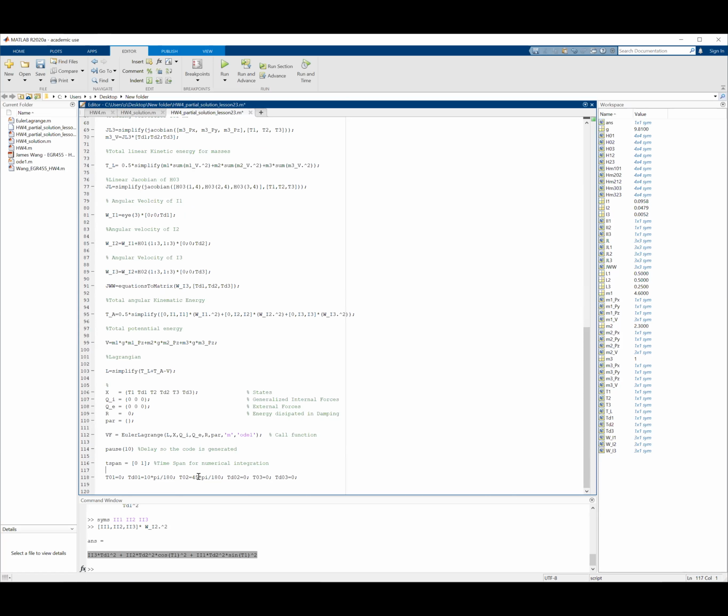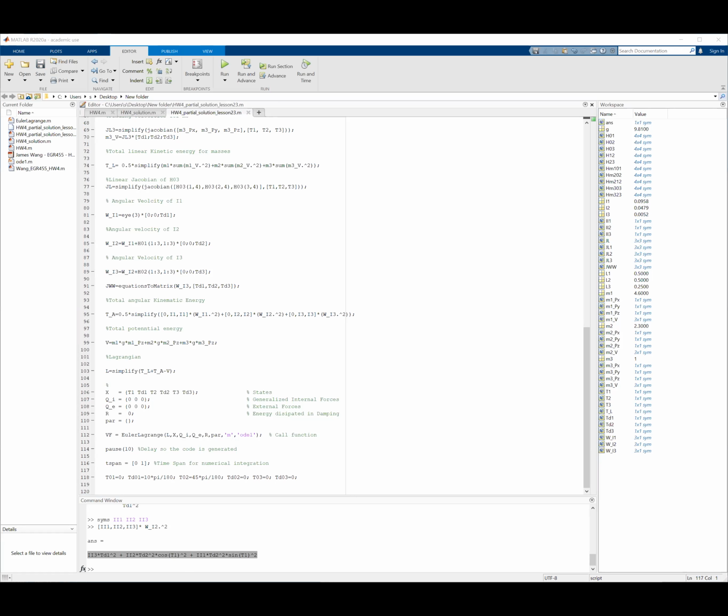Second theta is 45 degrees. So I converted that into radians. Second theta dot, theta2 dot is 0. Theta3 dot and theta3, they are 0. And then I'm just constructing initial conditions for numerical integration.